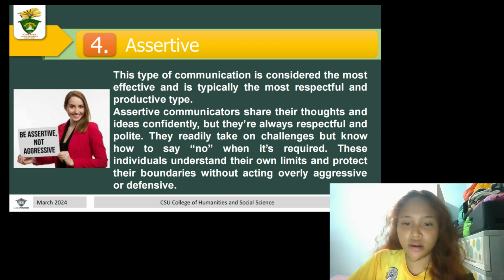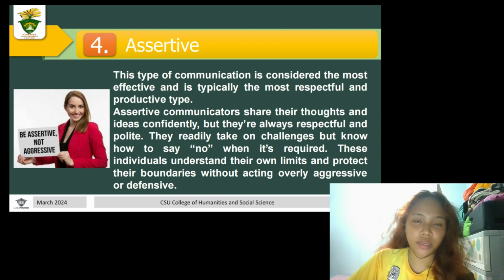It fosters stronger relationships, enhances self confidence, and improves productivity by encouraging teamwork and problem solving. By using I statements, maintaining positive body language, and being direct yet kind, individuals can develop assertive communication skills that lead to more meaningful and constructive interactions.